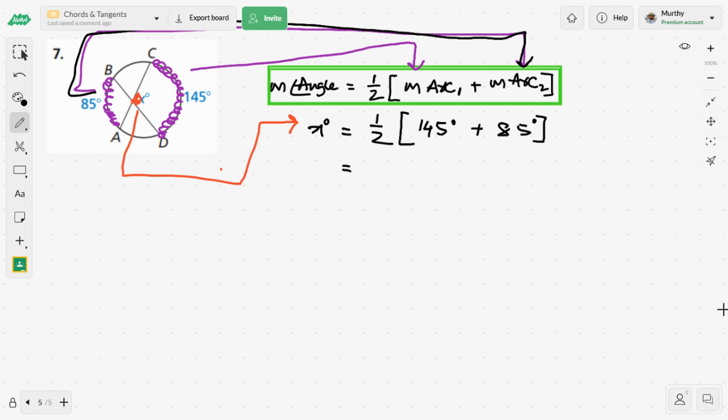You may make use of a calculator. Remember PEMDAS, we have to simplify what is in parentheses. So 145 plus 85, is it 230? Yes, it is 230 degrees. So what is half of 230? It means 115 degrees. Okay. Now, any questions on this?